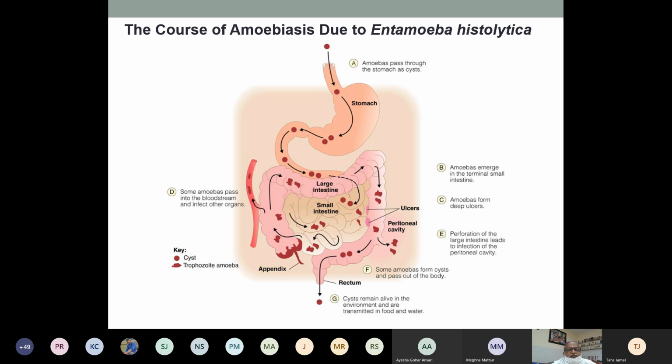It goes into the duodenum, small intestine, and ultimately gets lodged in the large intestine. Thereby, it can have access to the portal system.